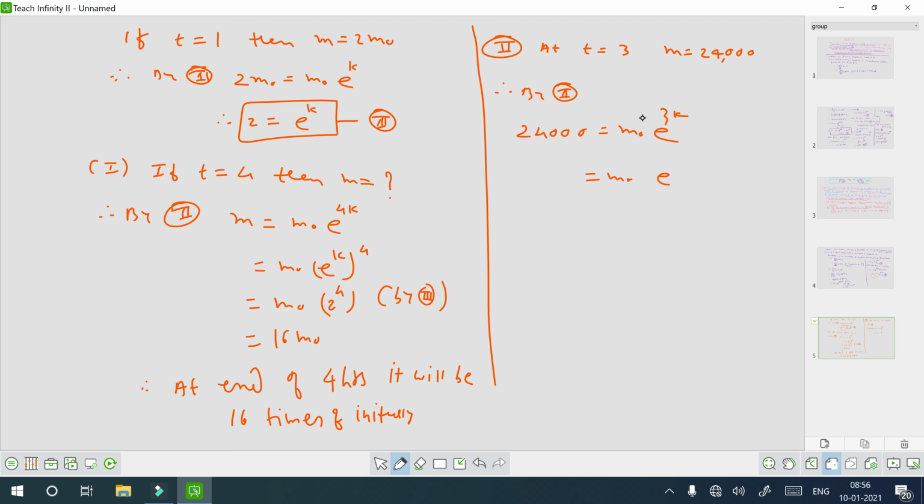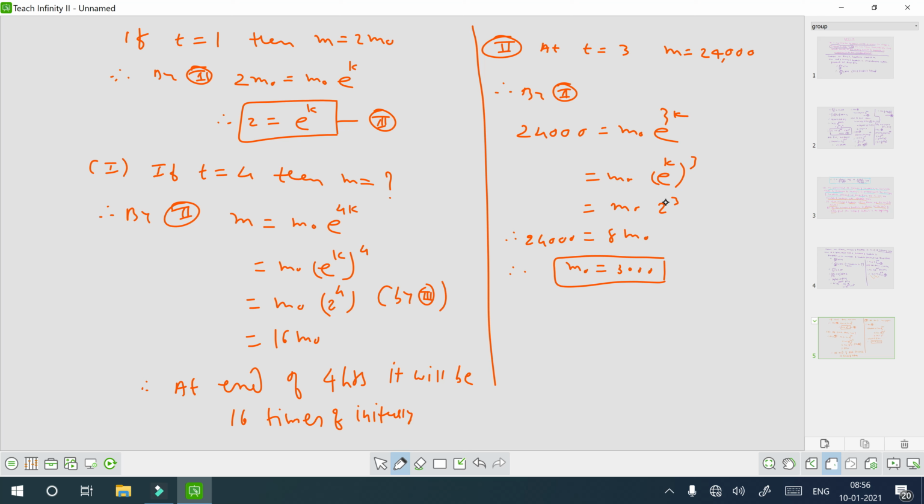So m0 e raised to k whole cube. So m0 2 raised to 3. So 8 m0 is equal to 24,000. So m0 is equal to 3,000.